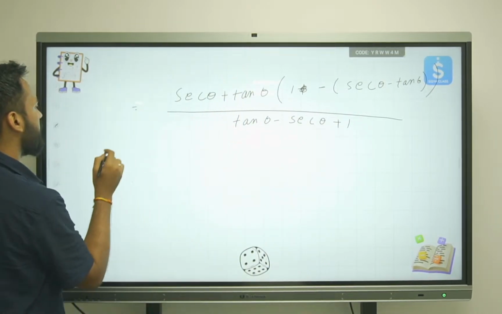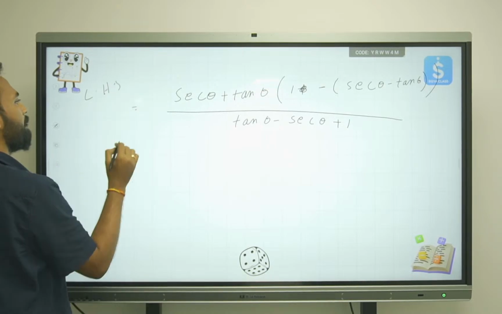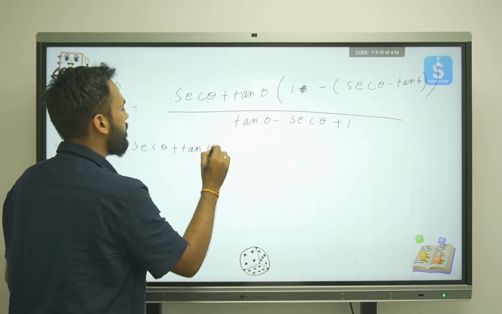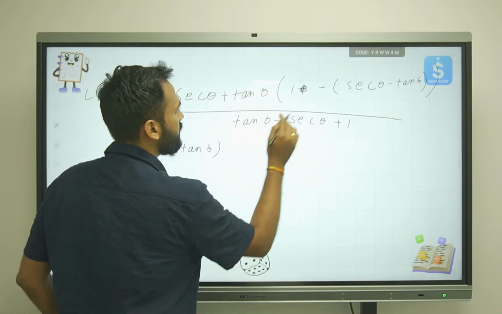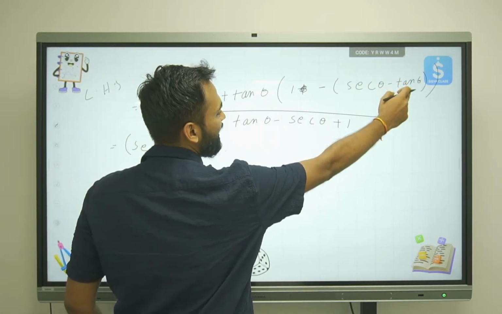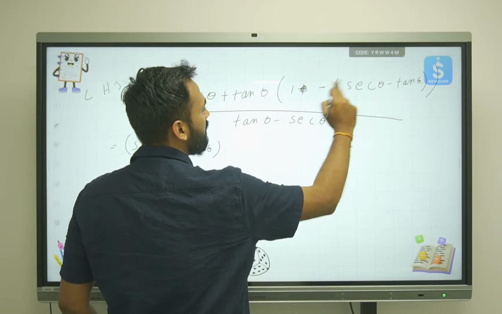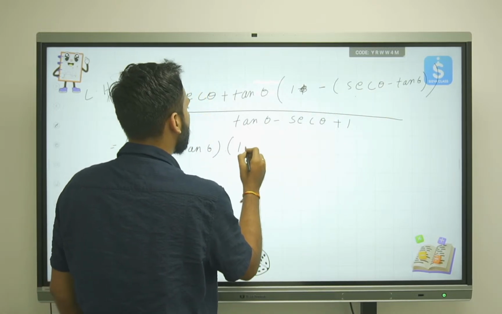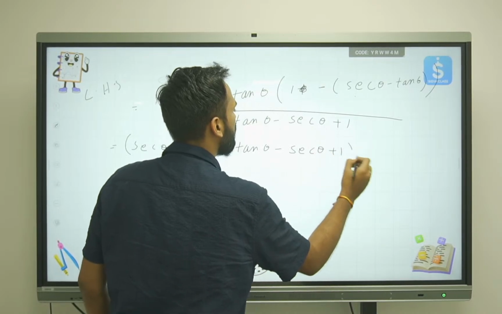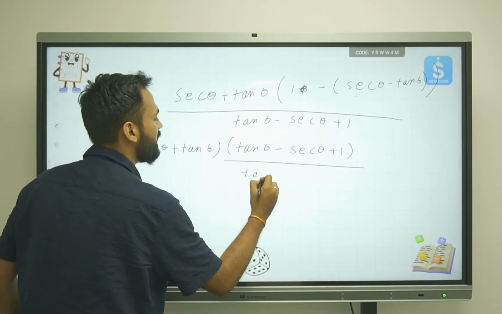Let's do some rearrangement. This is the left hand side. Secant theta plus tan theta multiplied by this. If you rearrange, 1 minus secant theta minus tan theta will become plus, this will become minus, so tan theta minus secant theta plus 1 is what it will come out to be, and in the denominator also you have the same term.